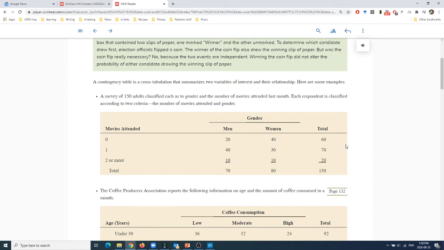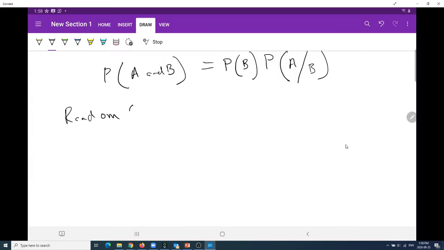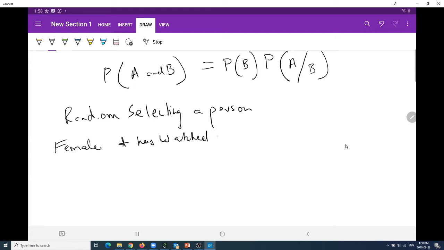What is the probability that when you randomly select a person, the person will be a woman and has watched 2 movies or more?